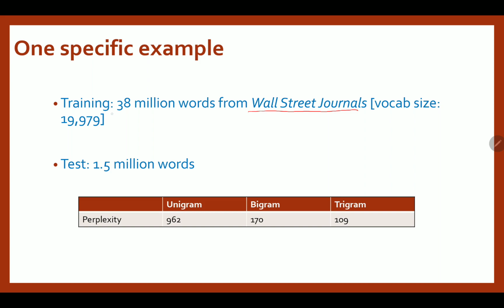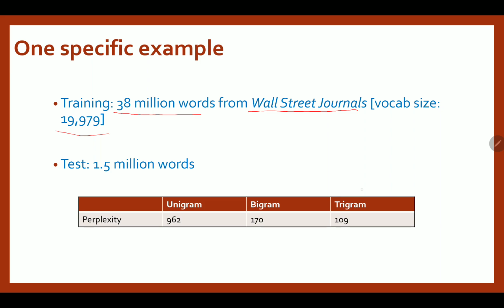The total number of tokens was 38 million, with a vocabulary size of about 20,000, and the test set has about 1.5 million tokens. When you train the unigram model, the perplexity was 962, the bigram has 170, and the trigram has 109. Remember that the smaller the value, the better the language model.